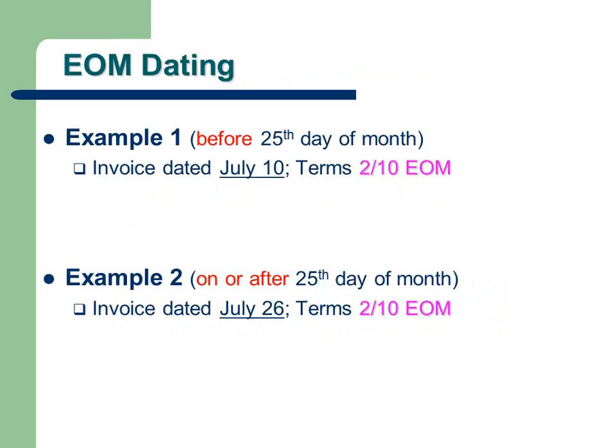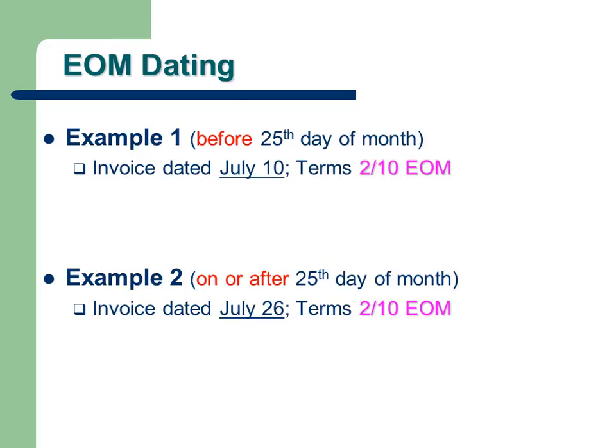Okay, so let's take a look at these two examples on this slide. For both cases, the dating term is the same, 2/10 EOM. That means you're going to get 2% cash discount if you pay in 10 days from the EOM, the end of month, right? What's different between these two examples is that the first example's invoice date is July 10th, which is before the 25th day of July.